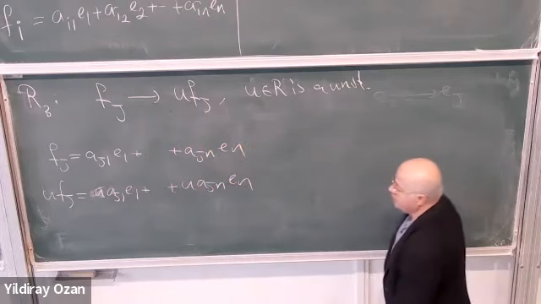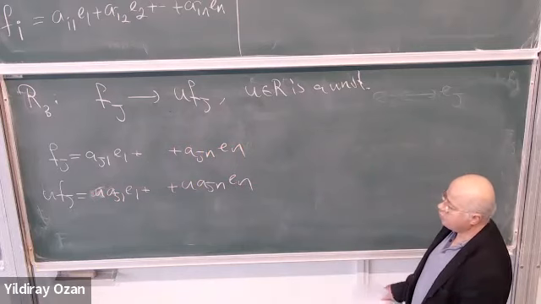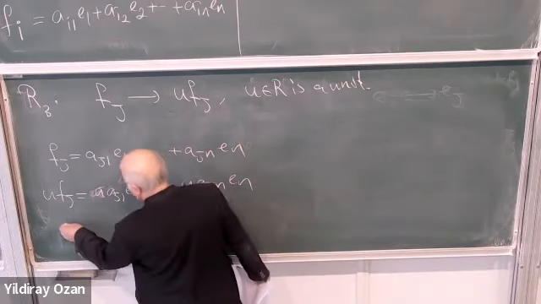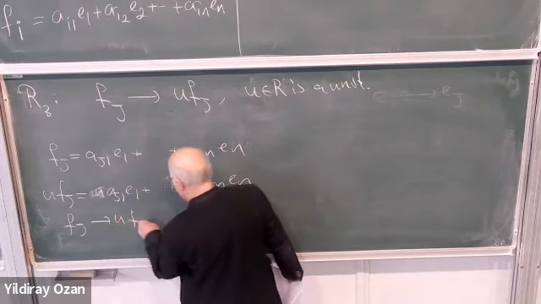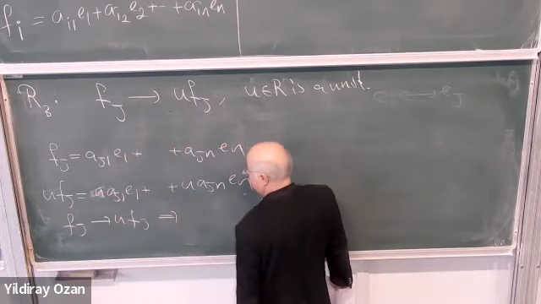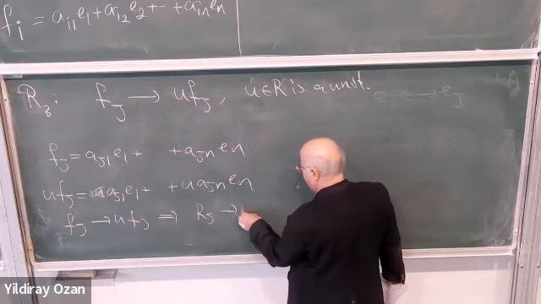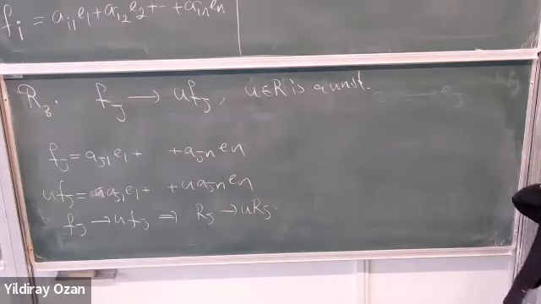So what happens? You just multiply the jth row by u, right? So this R3, replacing this by u times j, corresponds to what? The jth row is replaced by u times the jth row.